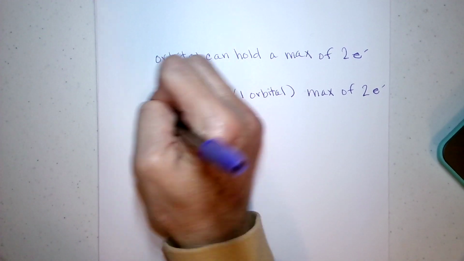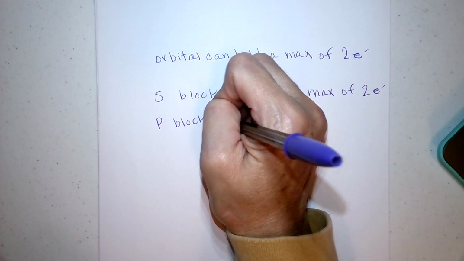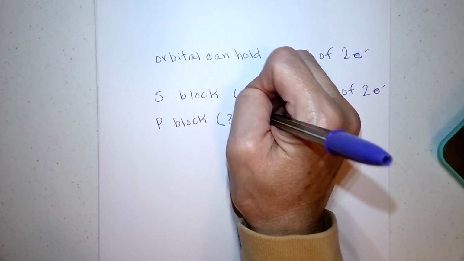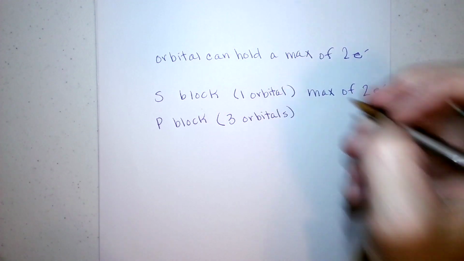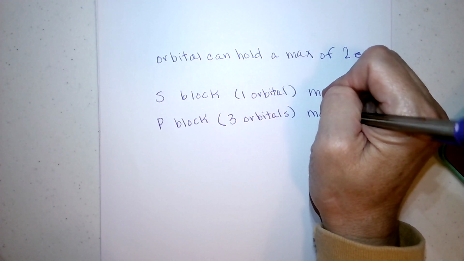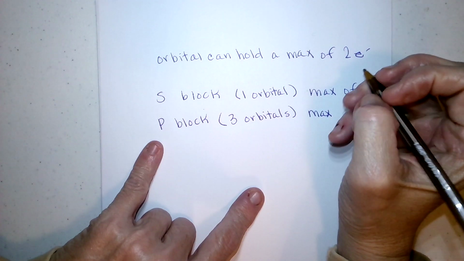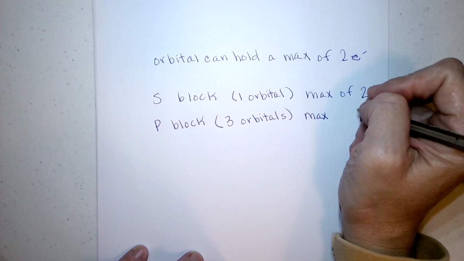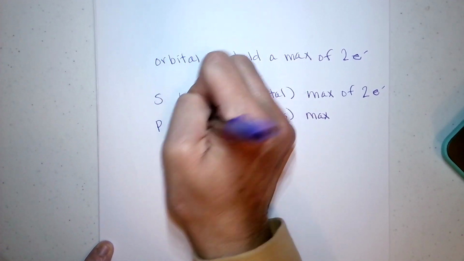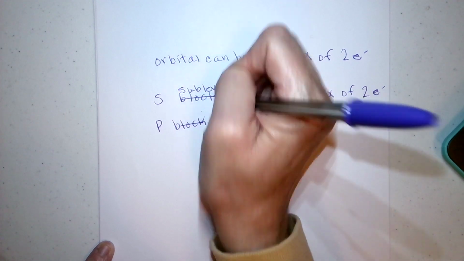So then we have the P block. Well, the P block has 3 orbitals. And the P sublevel rather, I keep writing block here. I'm going to change this to sublevel because I have that mislabeled.